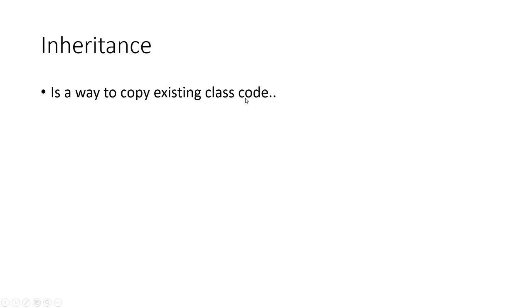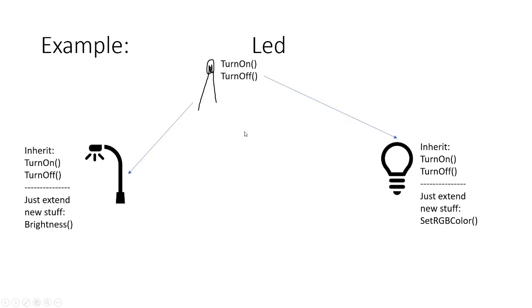So inheritance basically is a way to copy existing class code. That's really all there is to it, because I know that many explanations try to abstract it with animals and vehicles. I can do this later, but when it comes all down, it's just a way to copy existing class code. For example, maybe you have a class for turning an LED on and off.